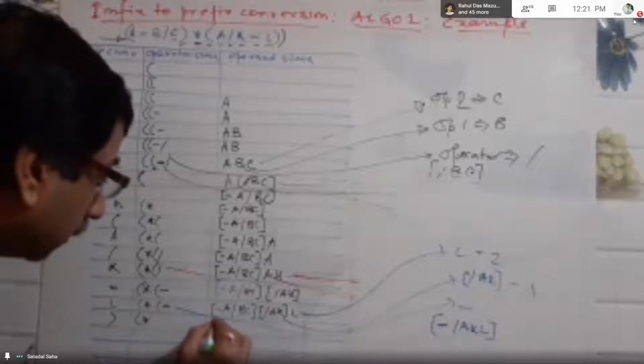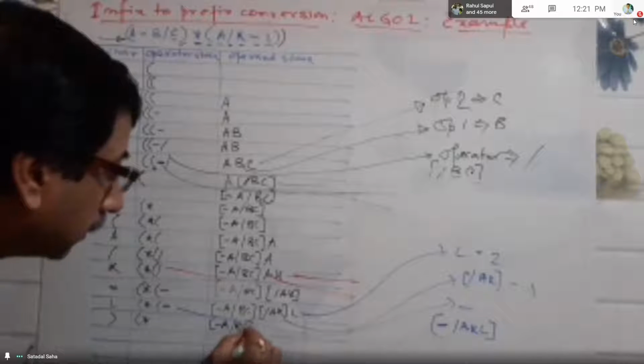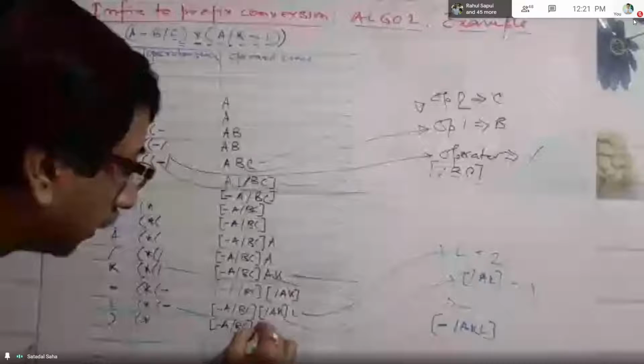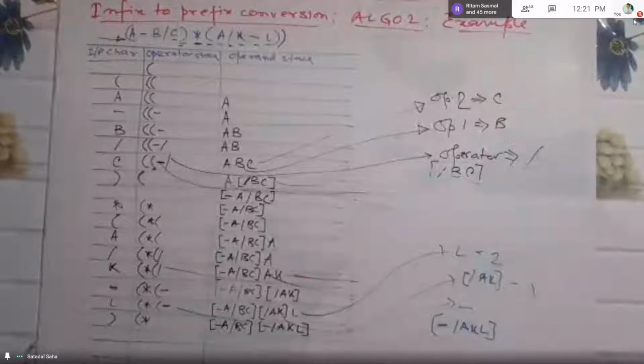So the operand stack will be like this, minus A slash BC. Then this part is over, and again you can put minus slash AKL. So this is pushed again into the operand stack.